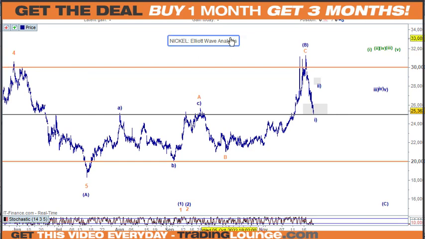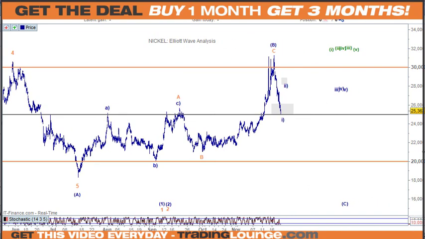And this is nickel. I've turned this back into, it's possible that it's bullish. It'd have to be 1 and 2 and 1 and 2, and then all of this move here would have to be 1, and this would be 2, but we're already at the 61.8% mark.